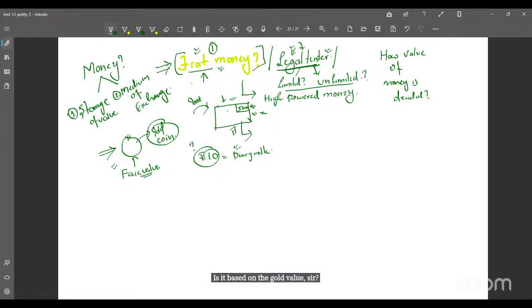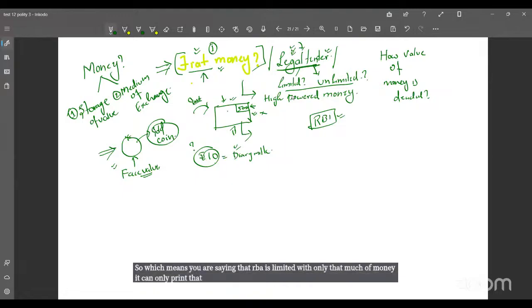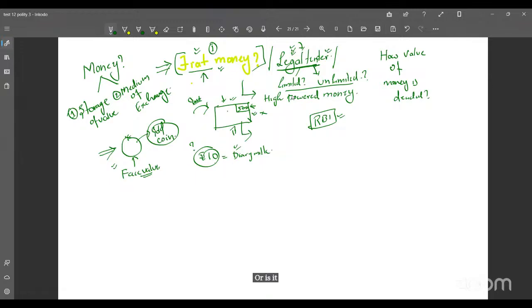Is there a particular country or an international forum to provide it? So you are saying that RBI is limited to only that much money, that it can only print as much money as the gold it has with itself. Correct? Or is it not the case? Sir, I'm not sure, but maybe. Okay, not sure.